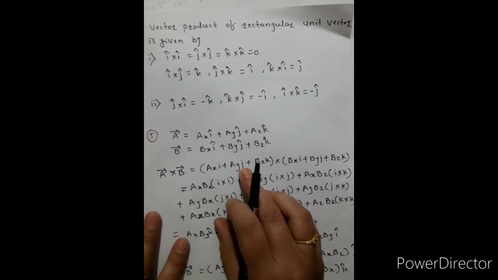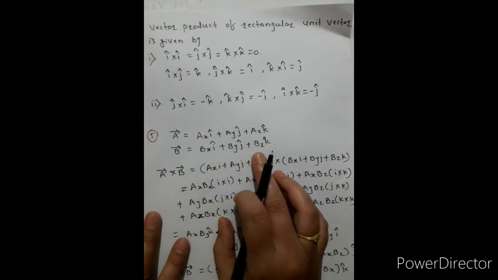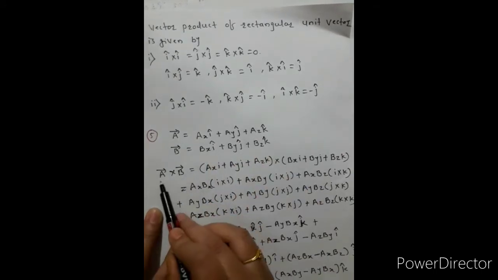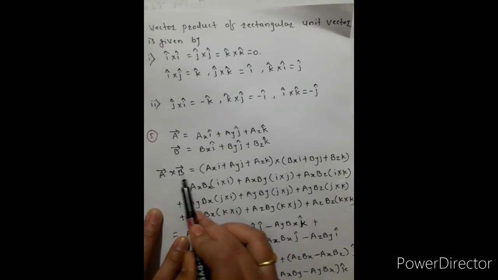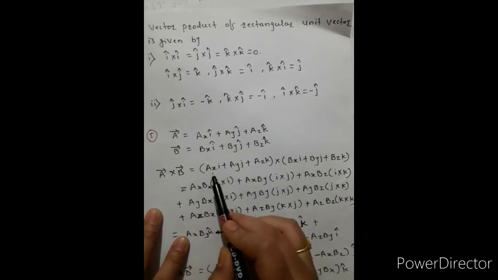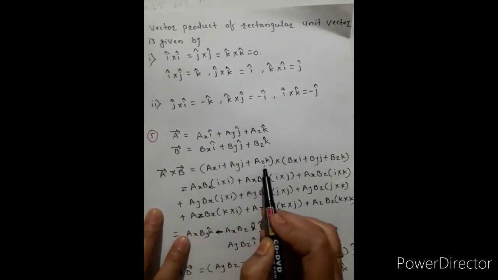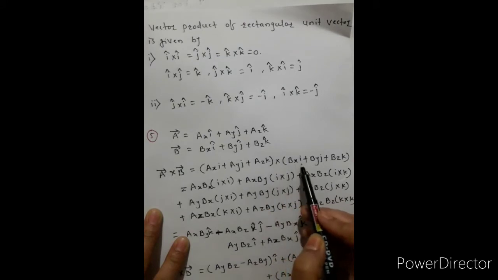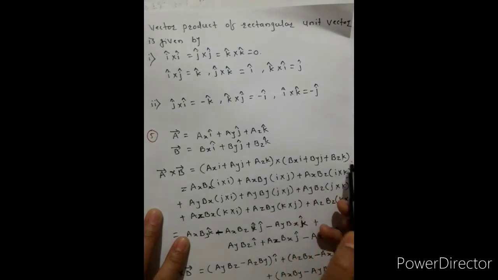If we take the cross product of A and B, it is equal to (ax i plus ay j plus az k) cross (bx i plus by j plus bz k).